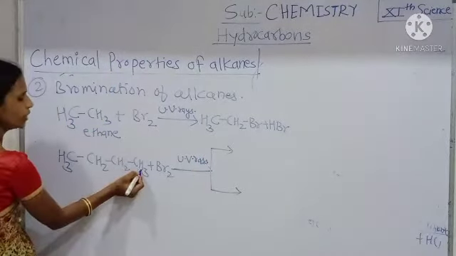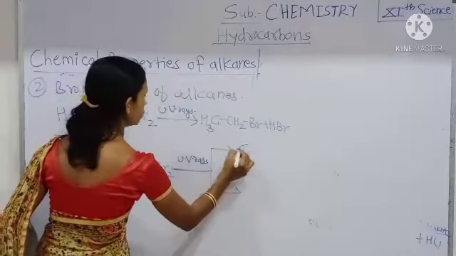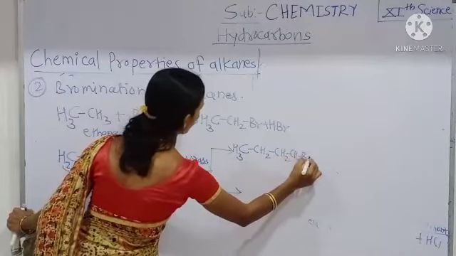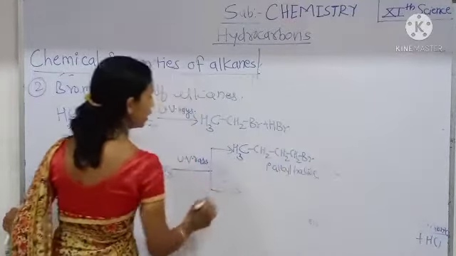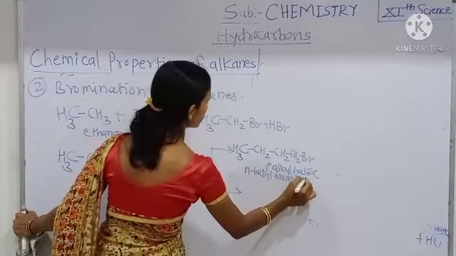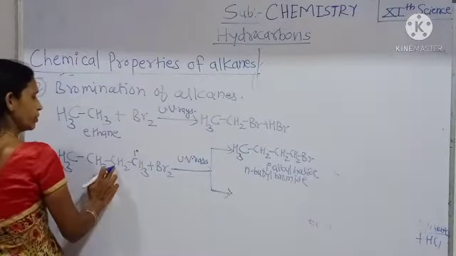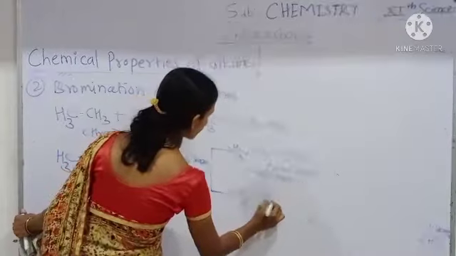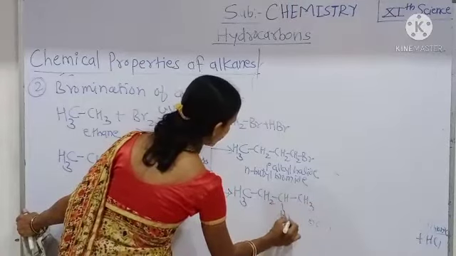By replacing one hydrogen of a primary carbon atom, it gives n-butyl bromide, that is a primary alkyl halide, and when hydrogen of a secondary carbon atom is replaced, then secondary butyl bromide formation takes place.